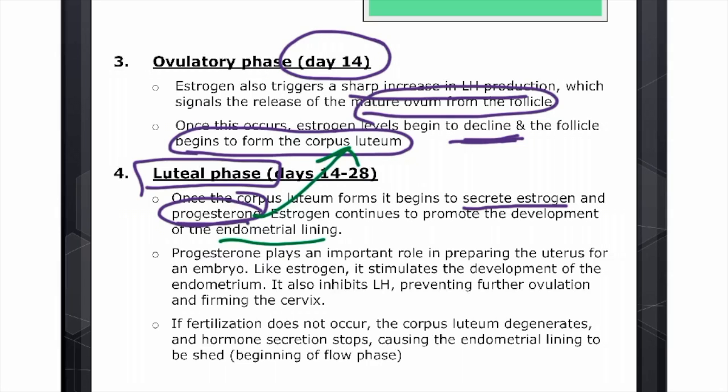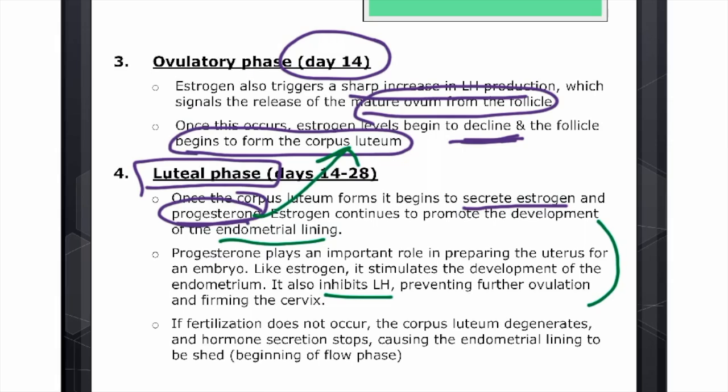Progesterone plays an important role in prepping the uterus for the embryo. Like estrogen, it stimulates the development of the endometrium. It also inhibits LH, preventing further ovulation and firming the cervix. So this, you guys, is important because we want to be able to prepare that endometrium if implantation occurs.